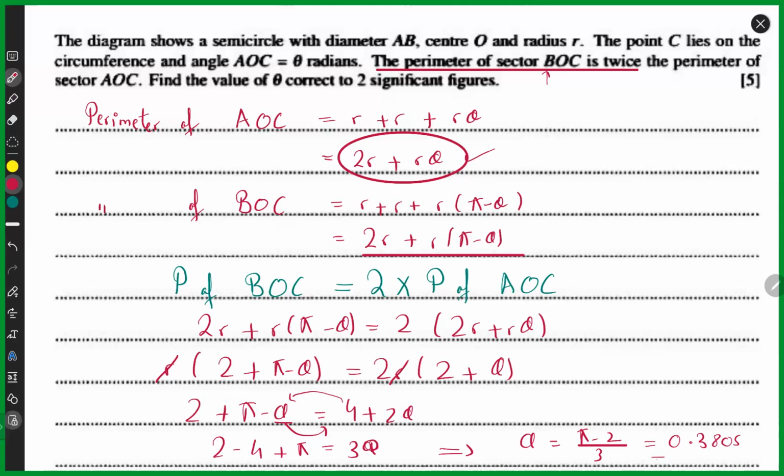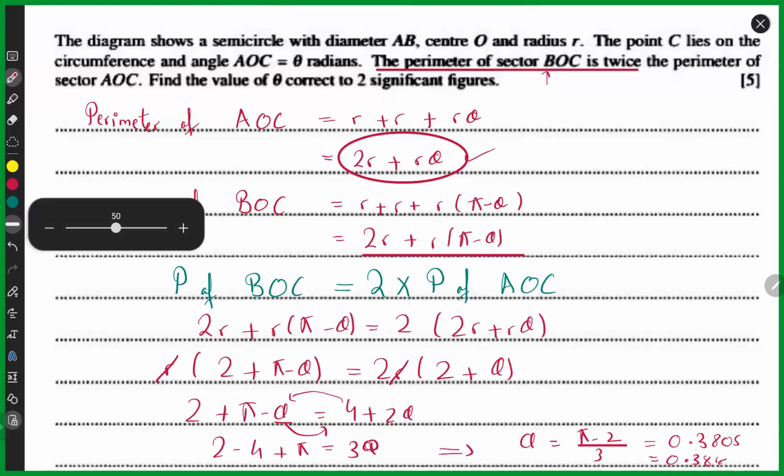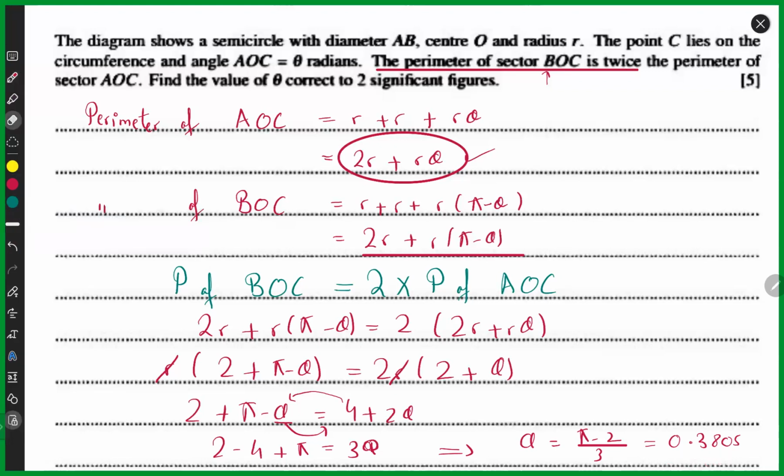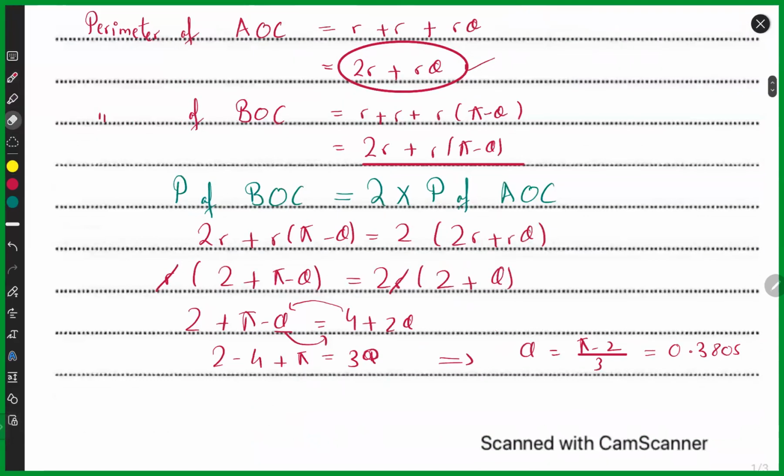And this would give you 0.38 radians. One second, because the units were radians. Okay, let me just write it down here. It is going to be 0.38 radians. This is going to be the answer.